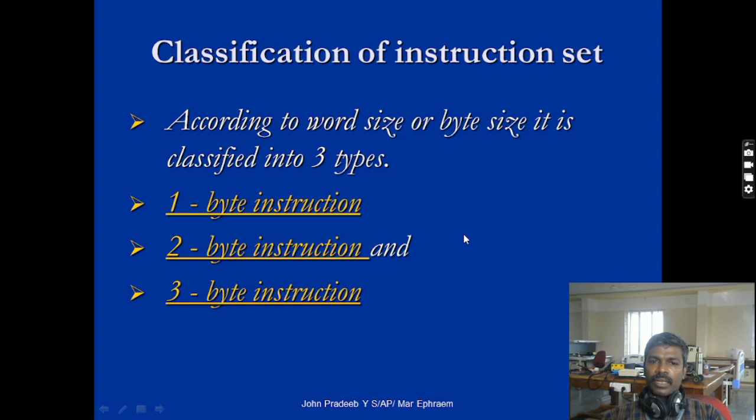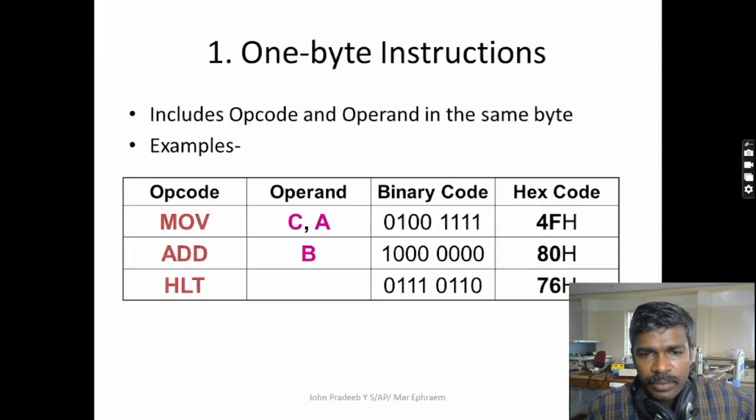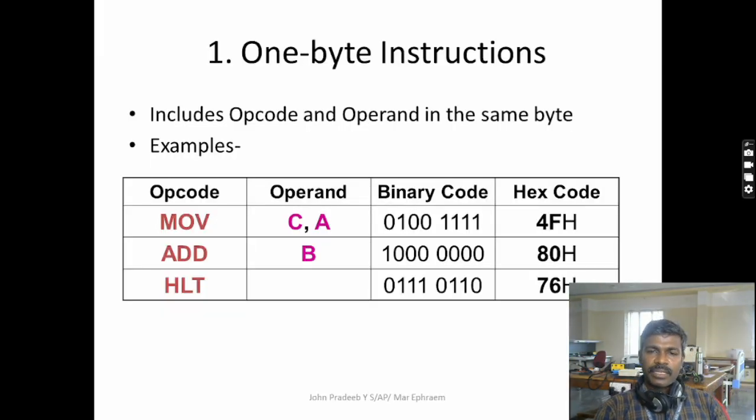First we can learn in detail about the 1 byte instruction. In an instruction there is an opcode and an operand. If both operand and opcode are present in a single byte, that is named a 1 byte instruction. Thinking in a different way, in the instruction itself there are no numbers present.